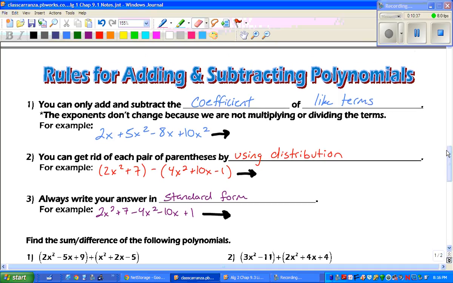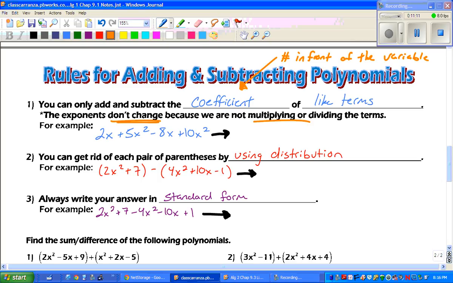So now we're talking about rules for adding and subtracting polynomials. You can only add and subtract the coefficient, okay? And that's what we're doing on the other side. The coefficient is the number in front of the variable, of like terms. So just remember that the exponents don't change.